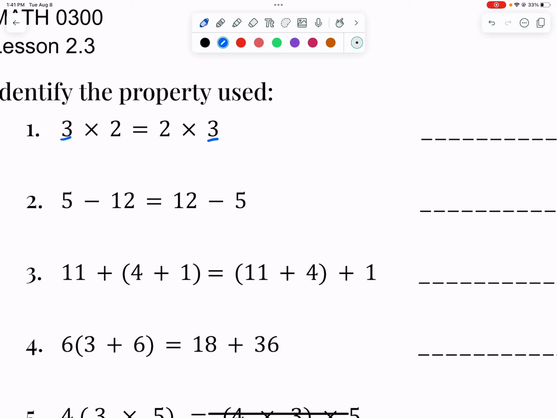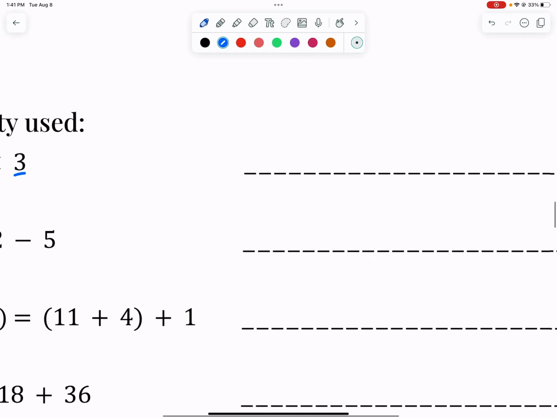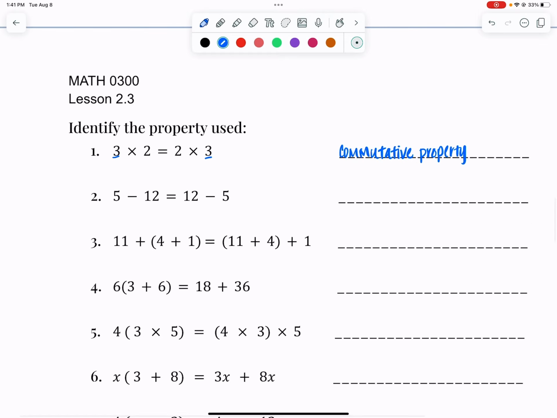So I need a property that says I get exactly the same thing on both sides, but I reverse the order. To me, reversing the order is the commutative property. So we switched the order.